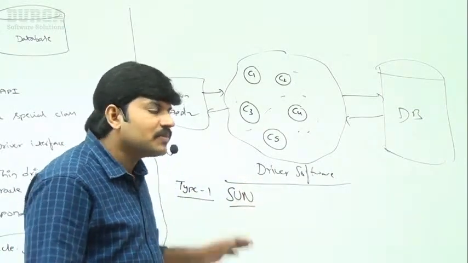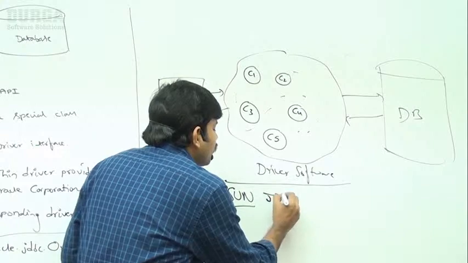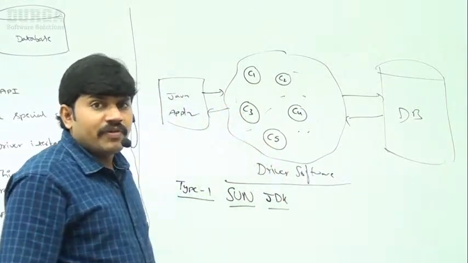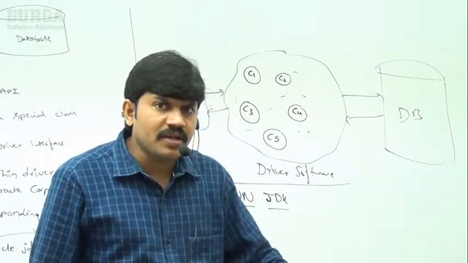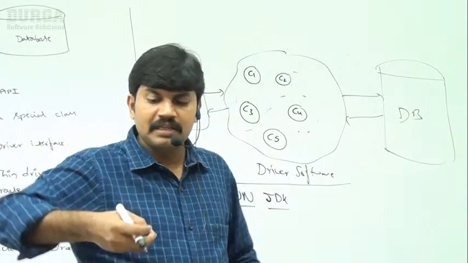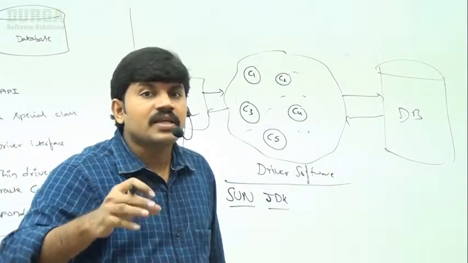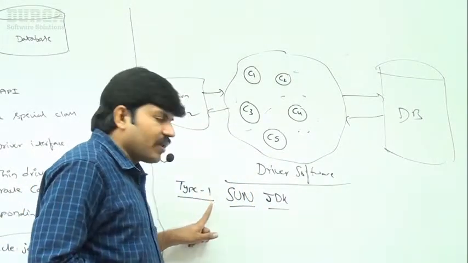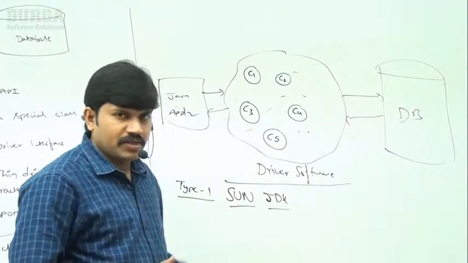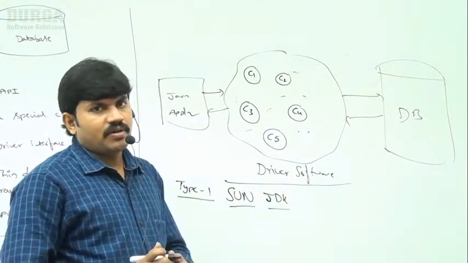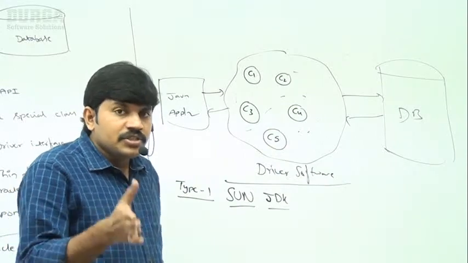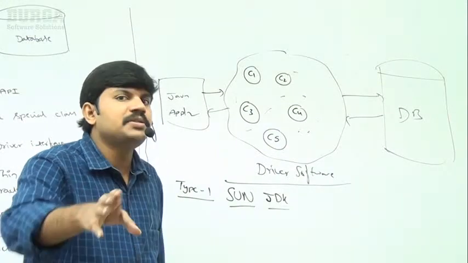Sun Microsystems, as part of the JDK only. Whenever we install Java, the Type 1 driver software automatically comes. It is inbuilt driver software inside Java, provided by Sun Microsystems. This driver software is also known as the JDBC-ODBC bridge driver.